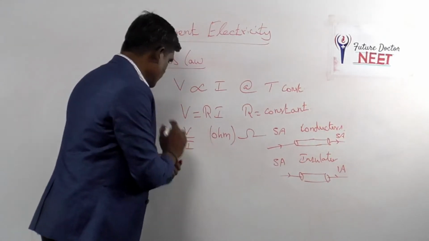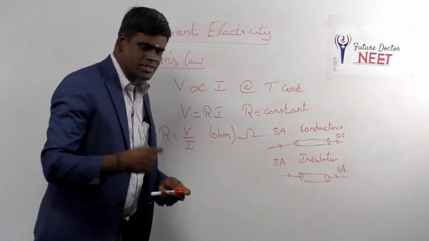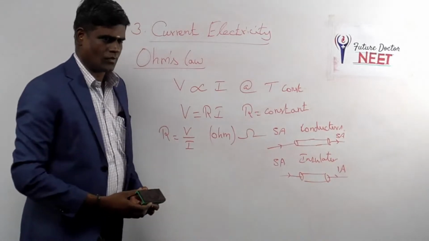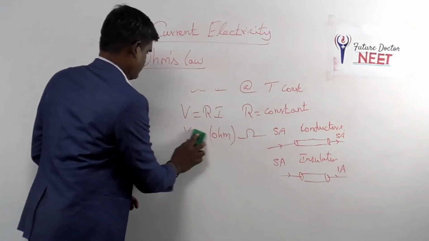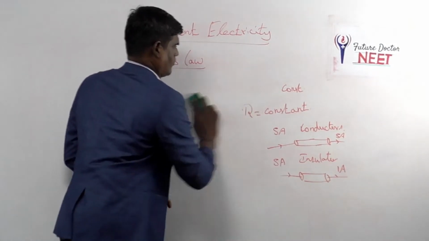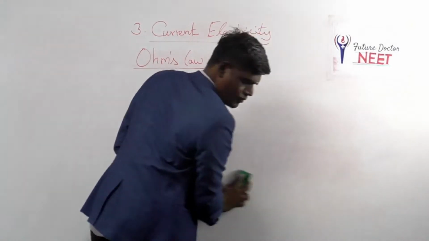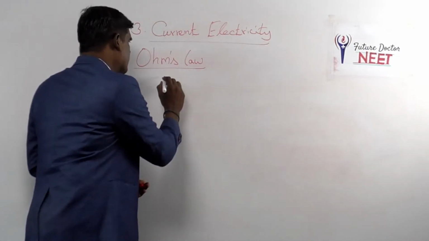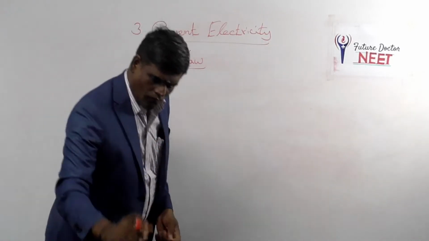We said resistance R is constant, but this resistance will vary and depends upon some factors. What are the factors?